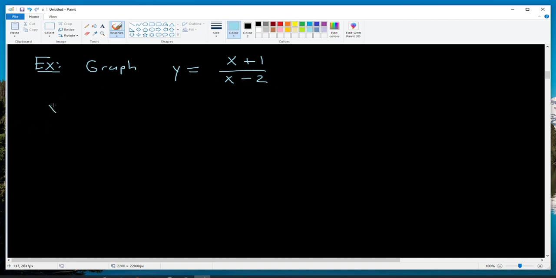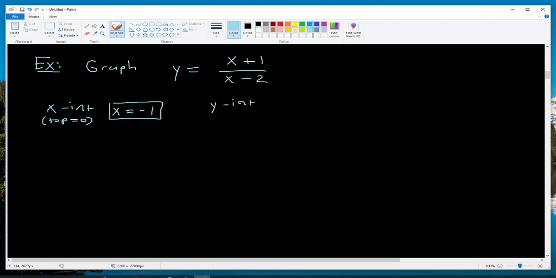So let's look at intercepts first. To get the x-intercept, you set the top equal to 0. What x value would cause the top to be 0? The top is x plus 1. I could set x plus 1 equal to 0 and solve for x, which gives x equals negative 1. So that's my x-intercept.